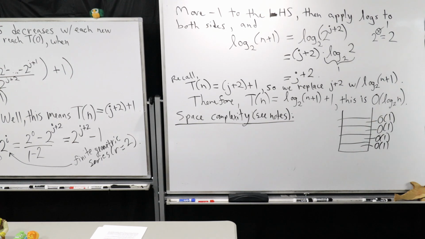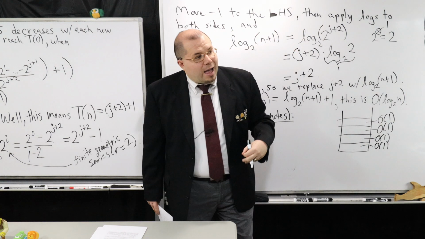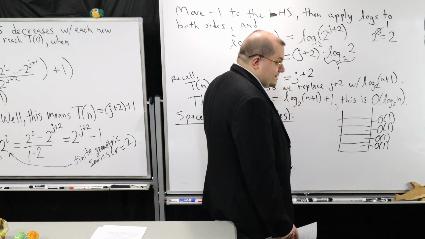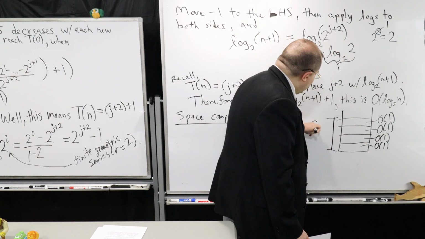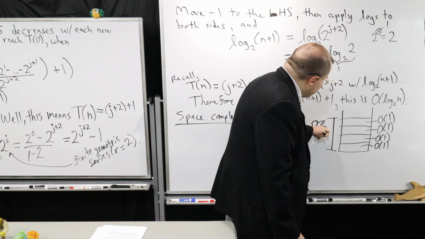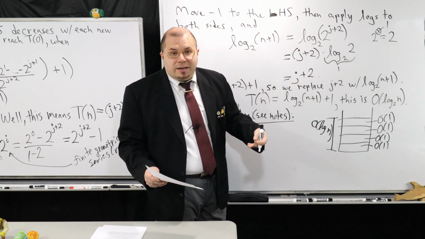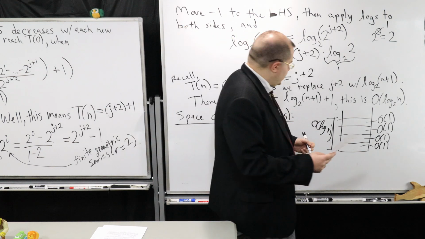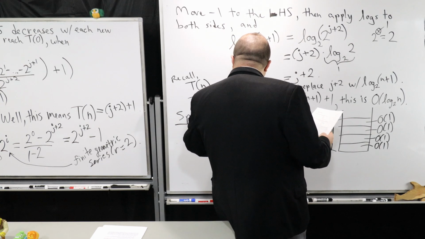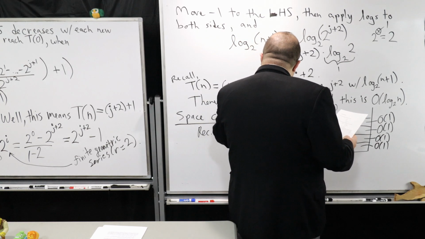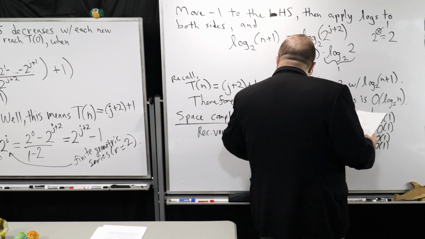But the question is, how tall does the call stack get? What we addressed implicitly in this analysis is that the call stack becomes no taller than big O of log n. So that means that the recursive version of binary search uses big O of log n extra space.